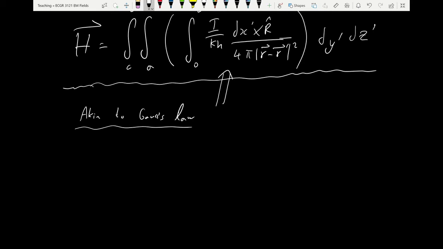In a similar manner, although we can calculate any magnetic field using the Biot-Savart law, a more fundamental law that allows us to much more easily calculate the magnetostatic field is Ampere's law.